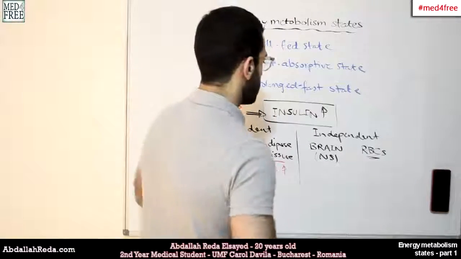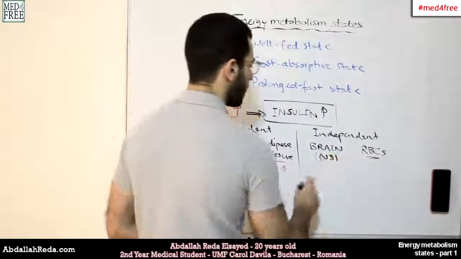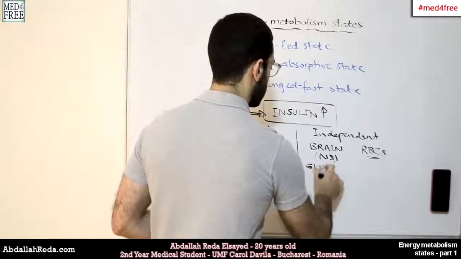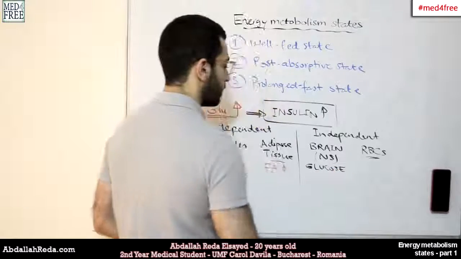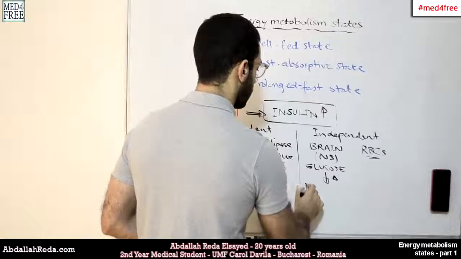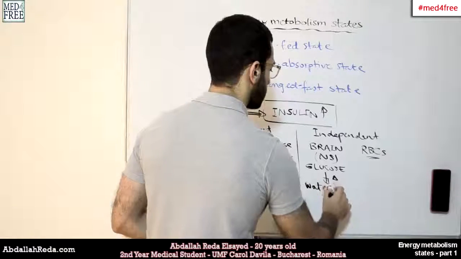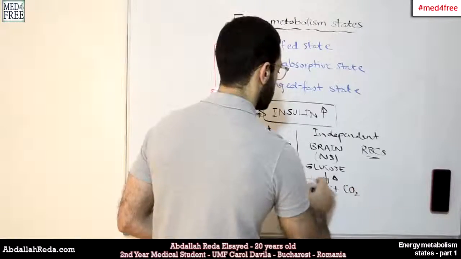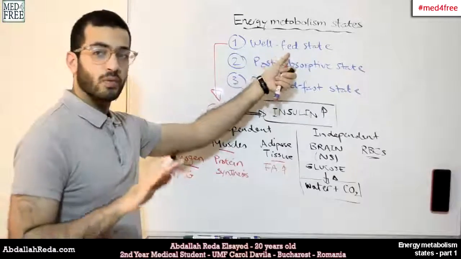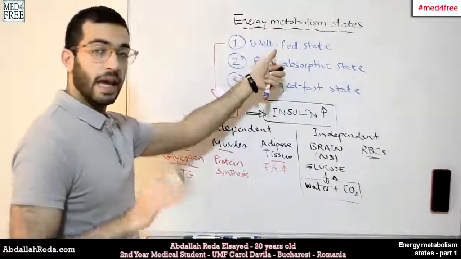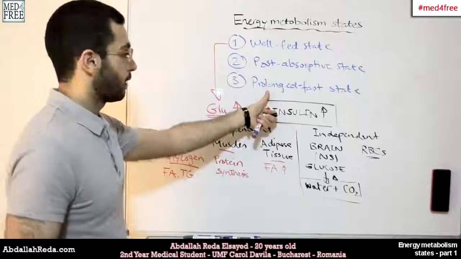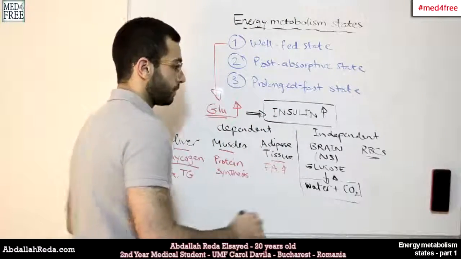For the independent ones, the brain and the nervous system, what they do is that they take the glucose and they burn it down in order to obtain water plus carbon dioxide. And this is how they obtain the energy in the well-fed state and normal fasting. In case of prolonged fasting, we would have another condition, as we'll see later.